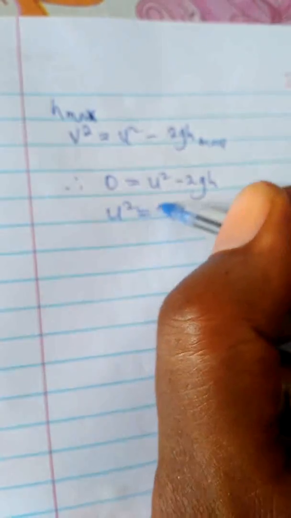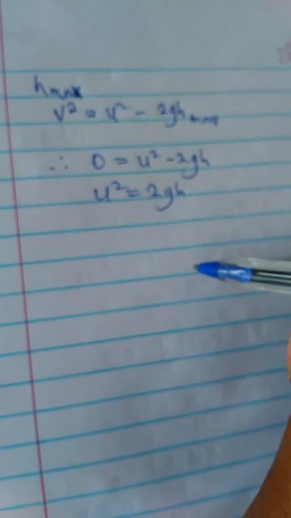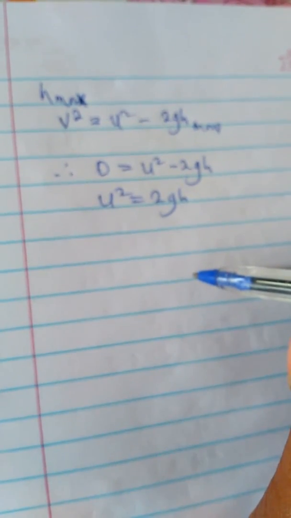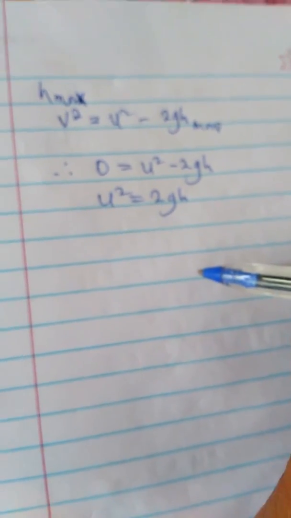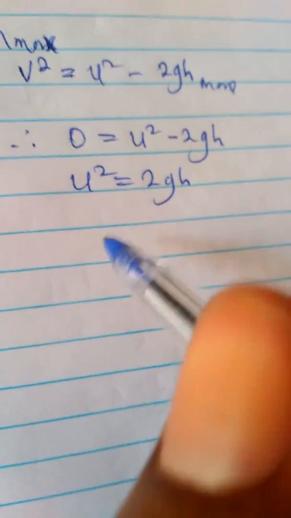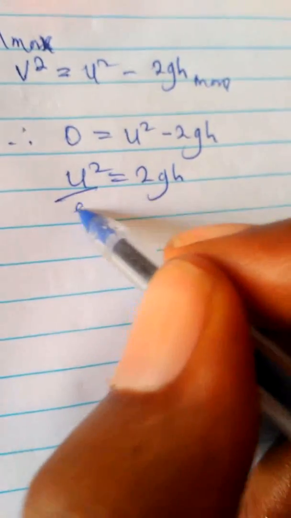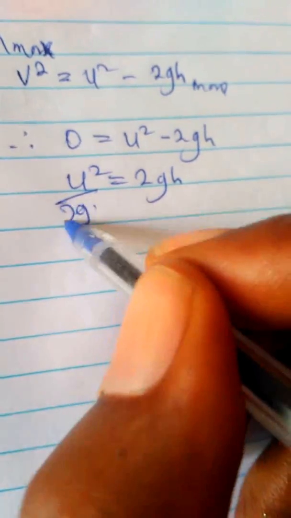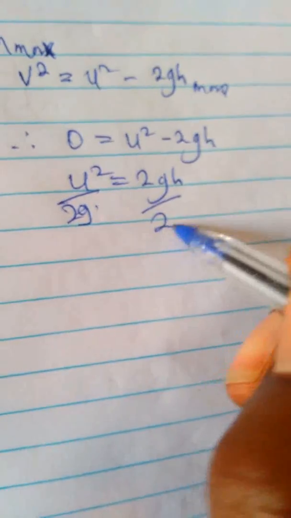So having that, we'll say U squared now is equals to 2gh. Now what we're going to do is make h the subject of the formula from this equation. So let's divide here by 2g and divide here by 2g.